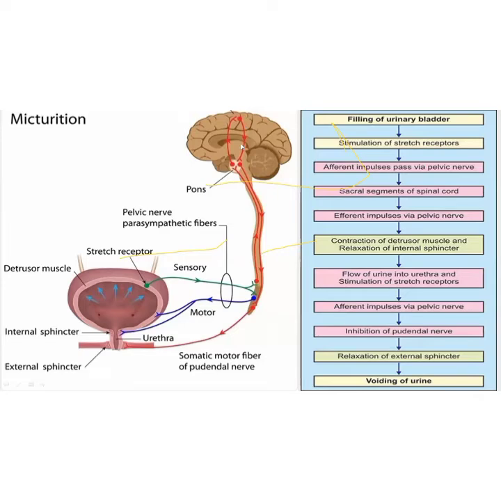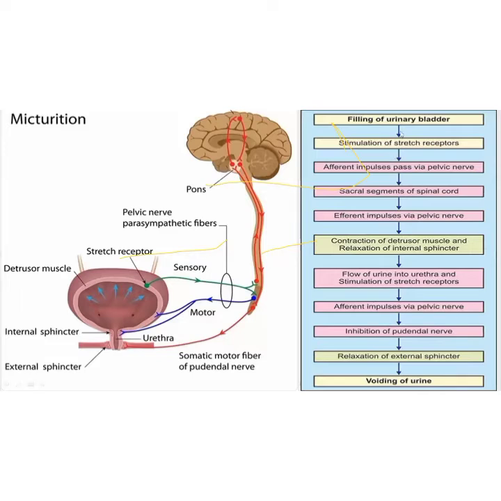And in the tegmentum, the ventral part of the pons, we have the micturition controlling centers, the nuclei responsible for micturition. Micturition is nothing but expelling or voiding of urine.